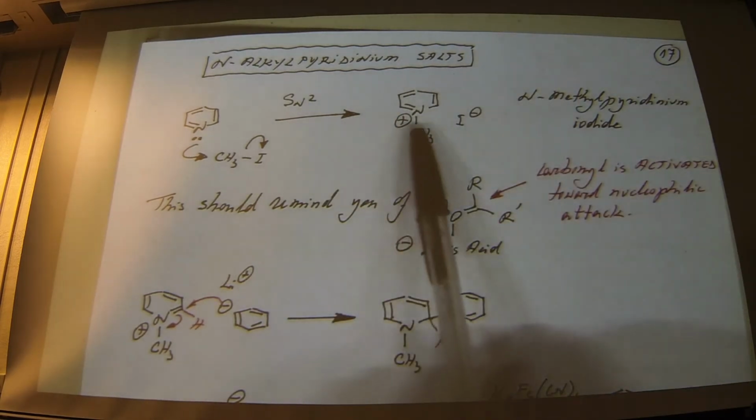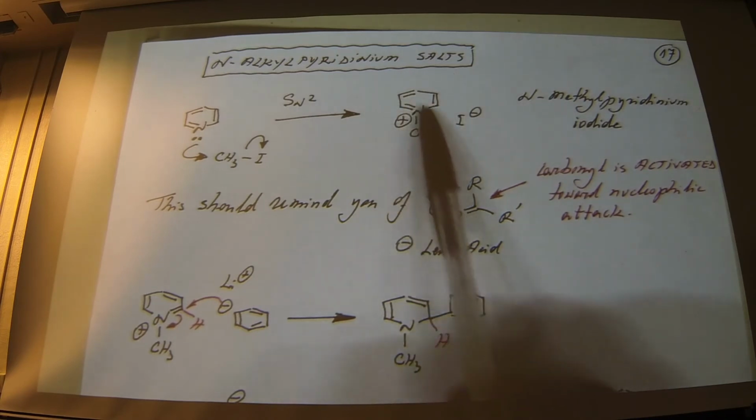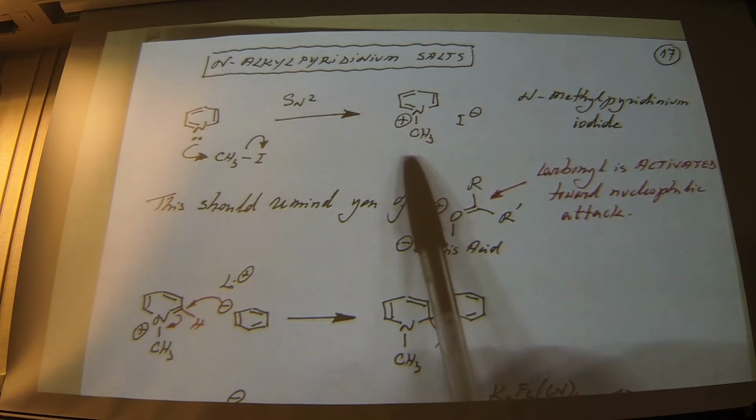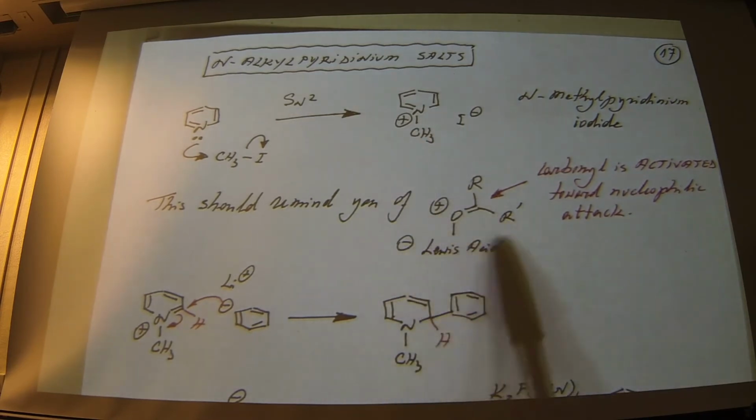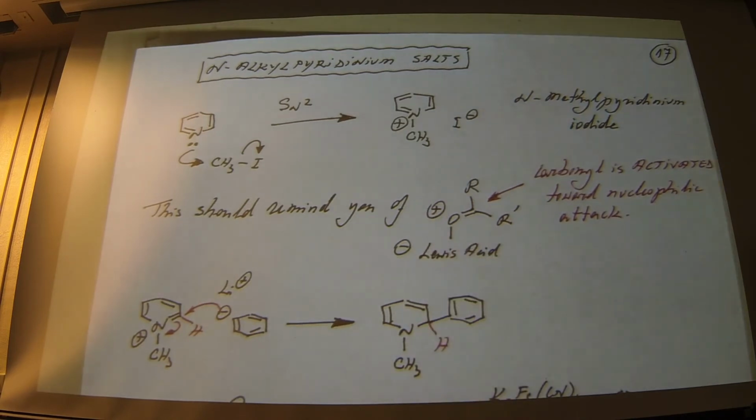So now, when you look at this, the electron pair on nitrogen is engaged in a bond with a carbon atom. And so what this should remind you of is an activated carbonyl, right?